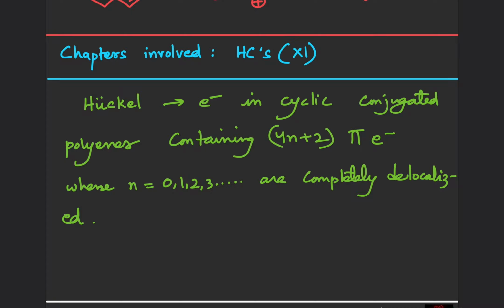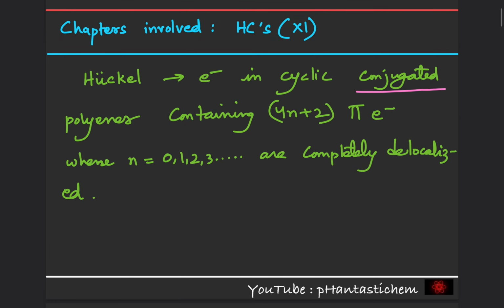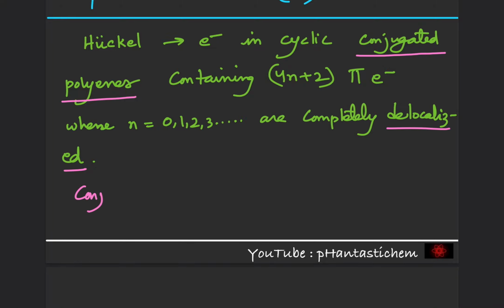Okay, so here we have to understand the meaning of few words. So we know what is cyclic. We need to understand what is the meaning of conjugated, what is the meaning of polyenes, what is the meaning of delocalized. Okay, so the meaning of conjugated is having alternate single and double bonds, such kind of arrangement of bonds.